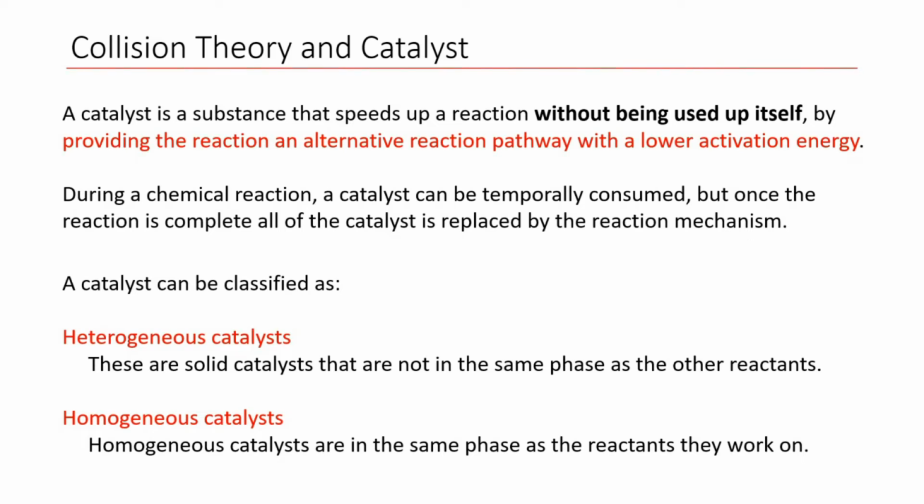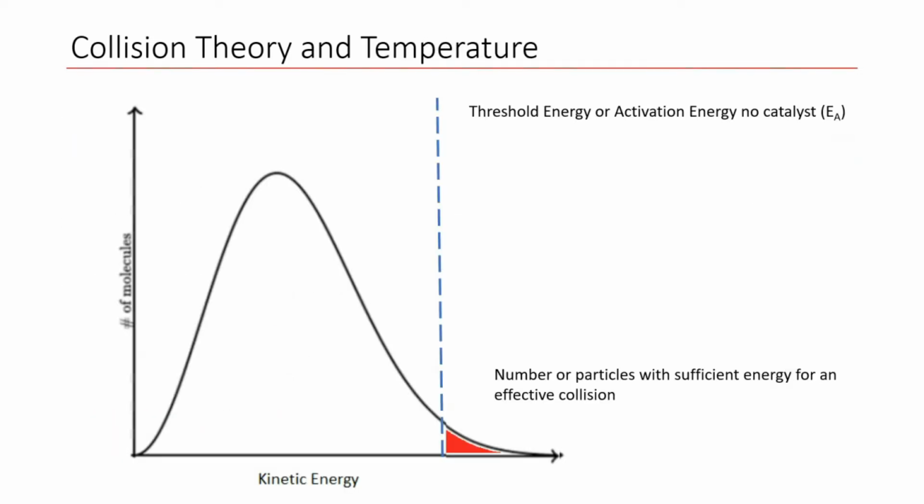Since their states are different, that makes it a heterogeneous catalyst. Whereas in the example we just saw in the video, with the decomposition of hydrogen peroxide, the catalyst, potassium iodide, and the peroxide were both aqueous. As a result, since their states are the same, it would be classified as a homogeneous catalyst.